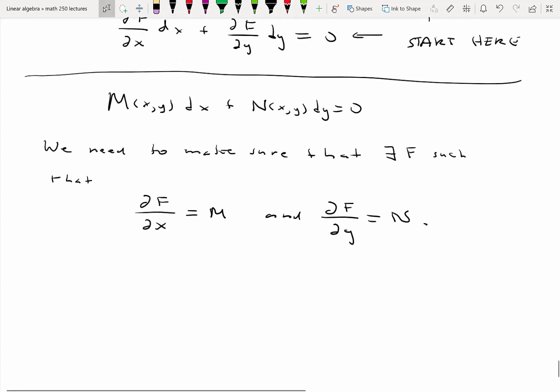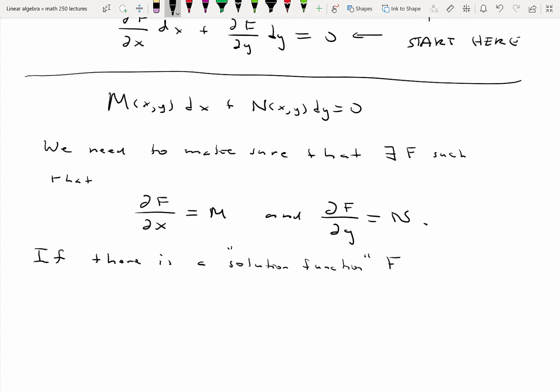If there does exist a solution function, we'll call it solution function f, then the differential equation is called exact.